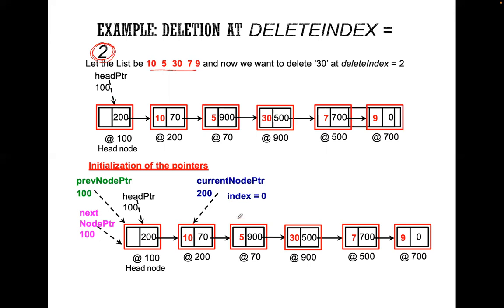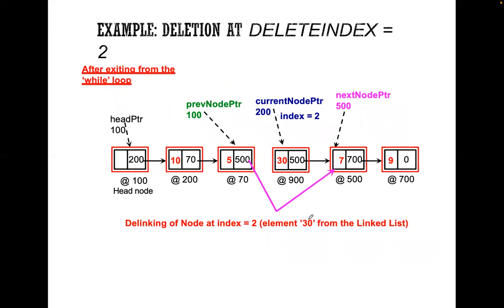We want to delete at index 2, so that is 0, 1, 2. We'll stop when current is pointing to index 2. You can see current is now pointing to index 2, which is 30. That's what we want to delete.